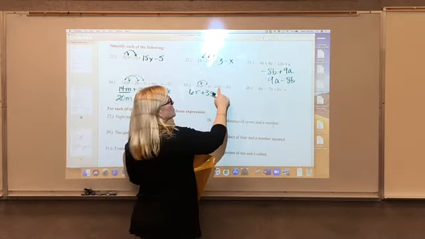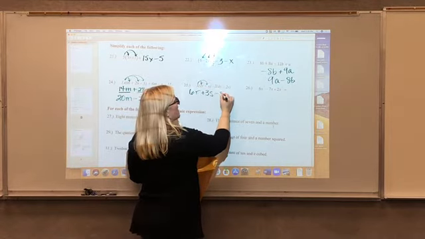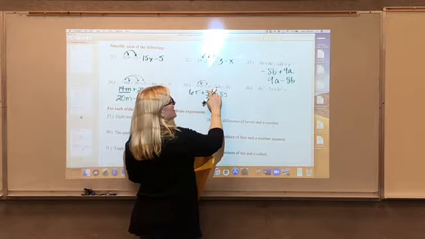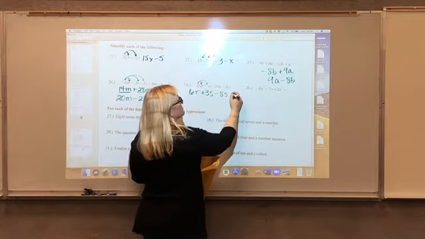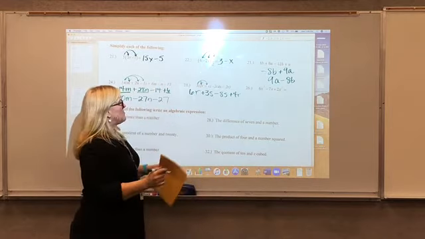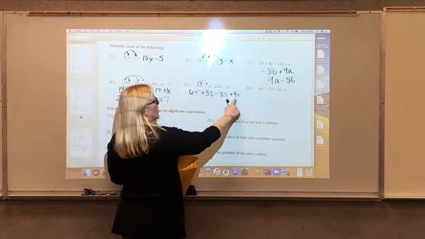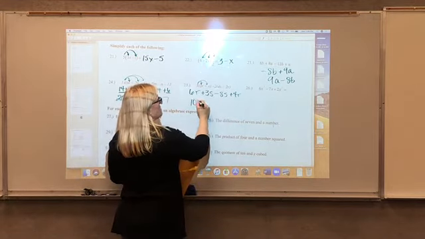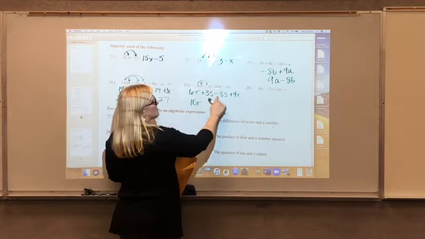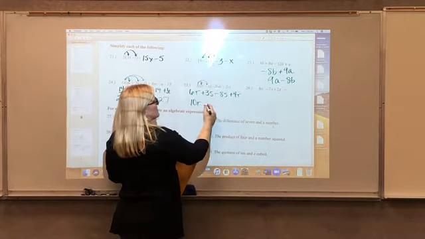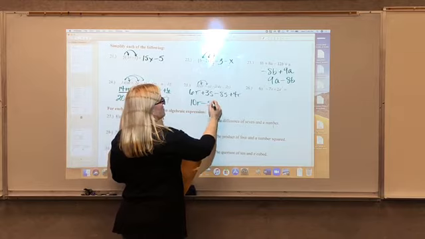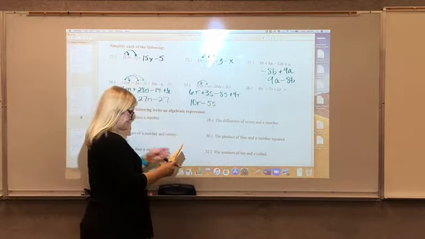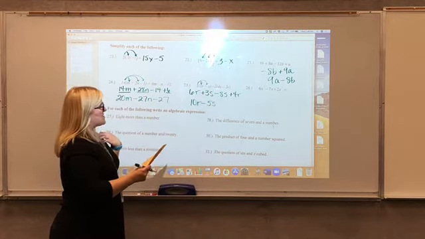So -2 times 4s is -8s. -2 times -2r is a positive 4r. And now when we combine like terms, 6r plus 4r is 10r. 3s minus 8s is -5s. So 10r minus 5s.